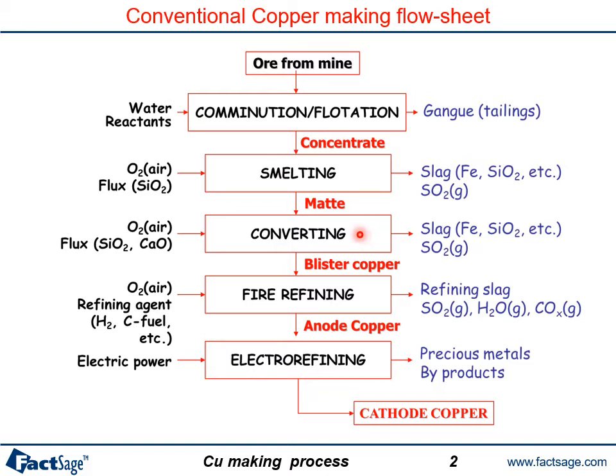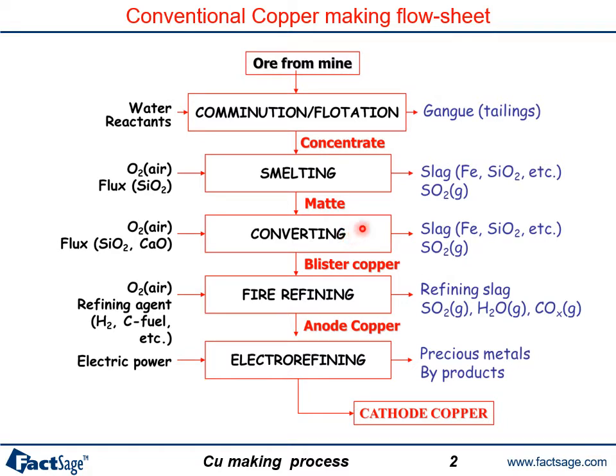And the converting process is typically carried out in a two-stage process. In the first stage, we remove the iron further by injecting the oxygen and SiO2 again. And that actually produces the FeO, SiO2, so-called pyrite slag, and SO2 gas again.